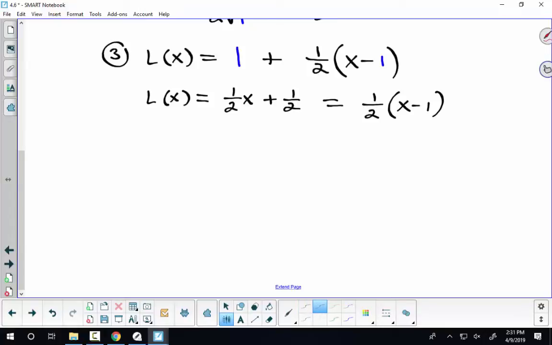Remember, the whole idea of any linear approximation at a particular point is that whatever function we're given is approximated by the line.